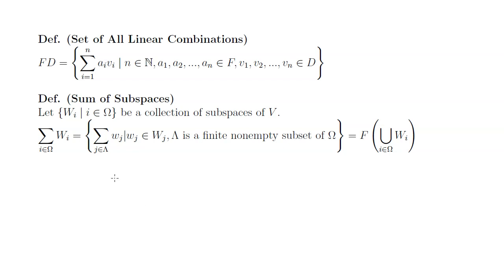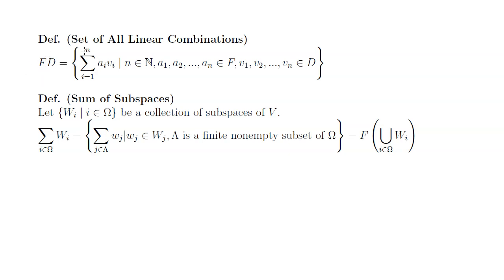That means that of course all the coefficients a_i are from the field F, and the vectors v_i are from the set D, and then you take a linear combination. But we only take finitely many terms, and you take all possible such linear combinations and throw all of them into a set. That is what FD is.